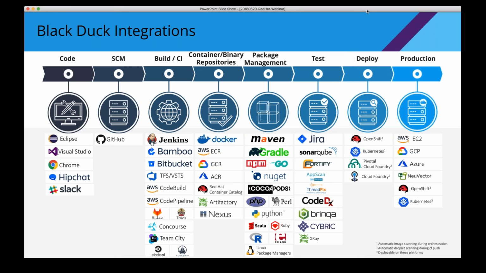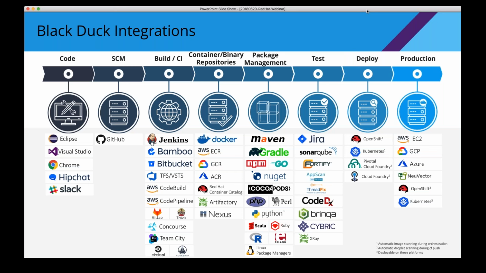By far the most popular integrations are the CI layer, because that is typically where all of the components that are going to consist of your application are pulled in to then create that build output, for example. And that's where you would want to scan. You would want to scan both the source code and the dependencies to get a complete and accurate list of open source components.